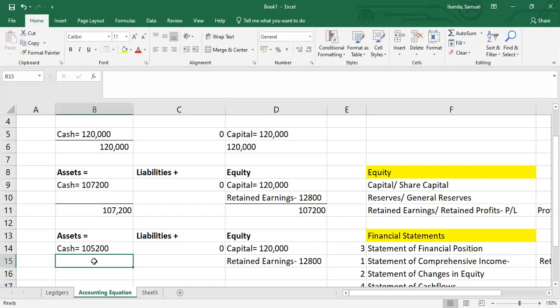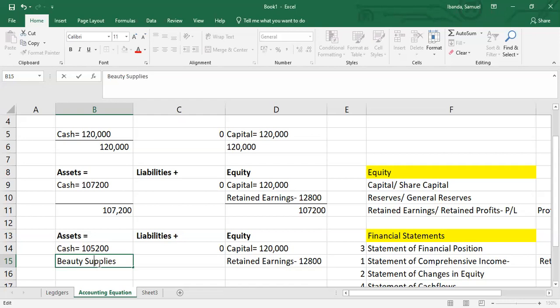So what is going to happen, in addition to cash reducing, we have a new asset, which we've already called beauty supplies. You can either call it inventory or beauty supplies, it's the same thing.